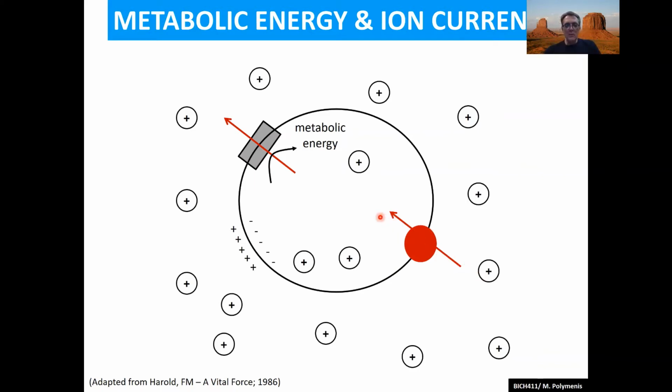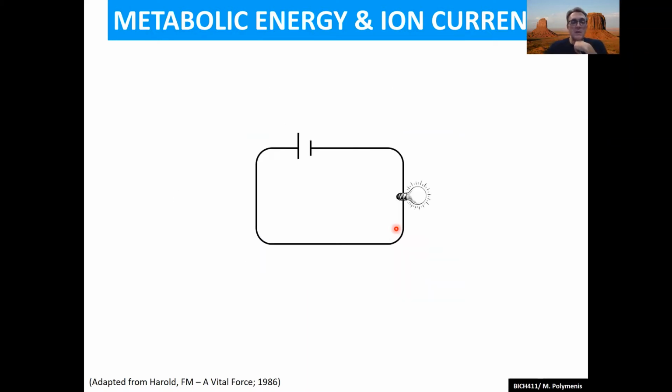If you can couple this with some useful work that you want to make, which in this case, of course, is ATP synthesis, then you couple your battery charging with some useful work. And that's great. And this is exactly what you have with a closed circuit. I don't know if you've ever done it, you take a battery with a few little wires and you have a light bulb or some motor running around.